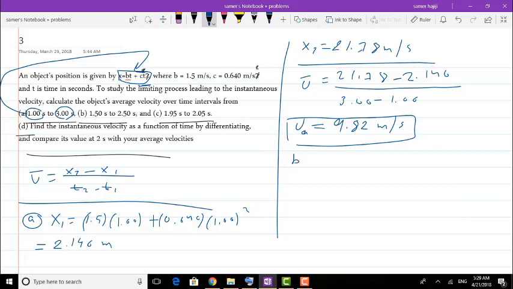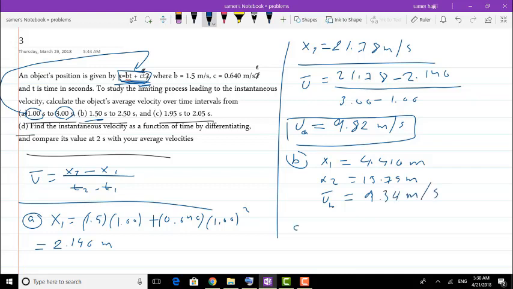The same for B. For B, we find x1 as before by substituting 1.5 instead of t in this relation to get x1 equals 4.410 meters and x2 to get 13.75 meters, and VB average is x2 minus x1 over t2 minus t1, the same, to get 9.34 meters per second.